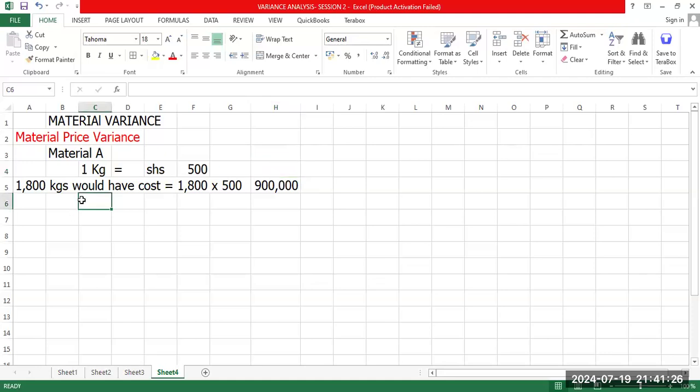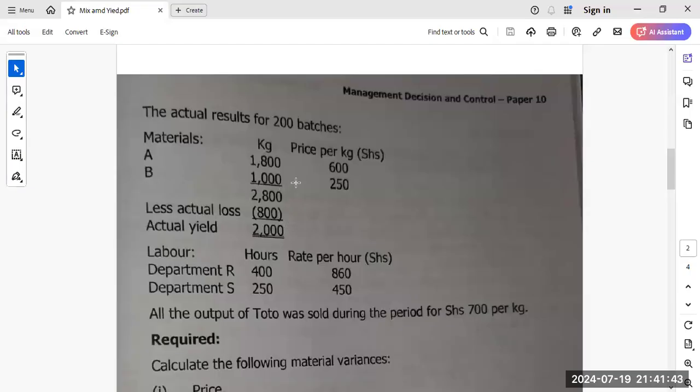But actually cost how much? Go to actual information. Now, they have not given you the total cost, but you can get the total cost. Just get this 1,800 times 600, because this is the actual price per kg.